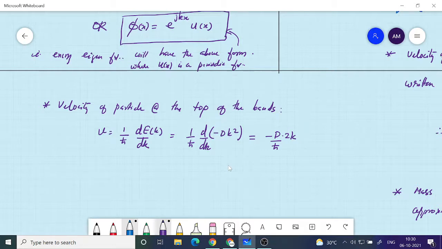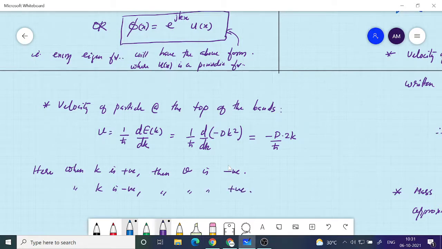So what you can see is that when k is positive, then velocity is negative, and vice versa. When k is negative, then velocity is positive.